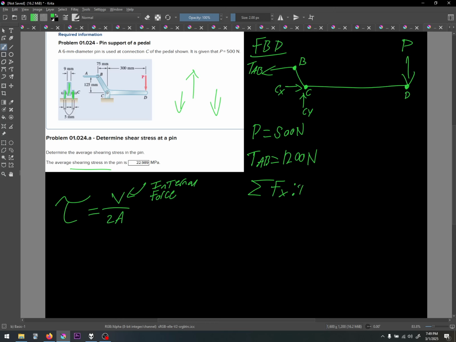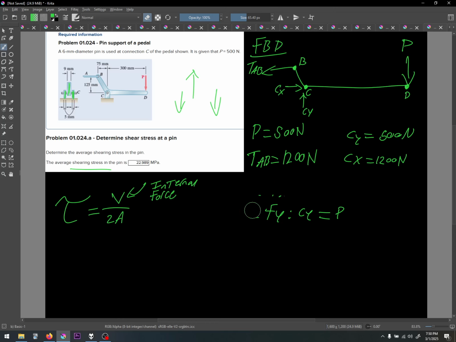So T_AB is equal to CX, which means that CX equals 1200 newtons. And if we take the sum of the forces in the y direction, then CY also has only one other thing, which is P. So CY is equal to 500 newtons.